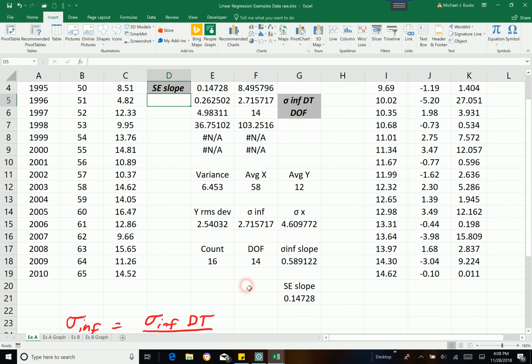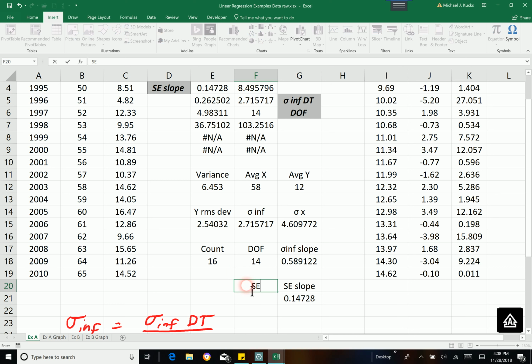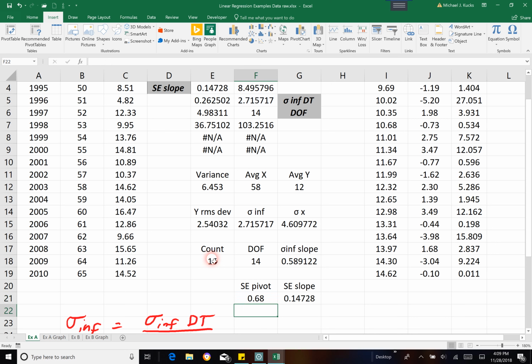So we need to calculate now a standard error, and I'm going to call it the standard error of the pivot, standard error of the pivot point. So that's going to equal this here divided by the square root of my sample size, like we always do.